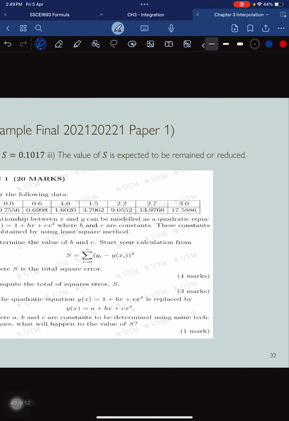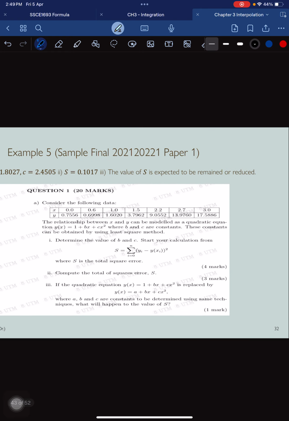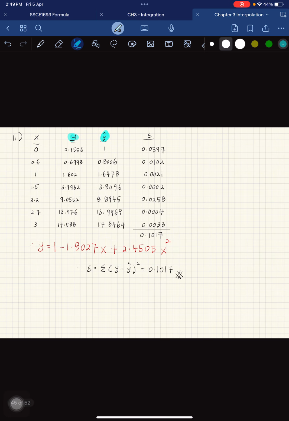Okay, and then for number 3, if the equation 1 plus bx plus cx squared is replaced by a constant a, determine using the same technique what will happen to the value of S. Okay, if suddenly we have the constant a that is not 1, what happened to the value of S?